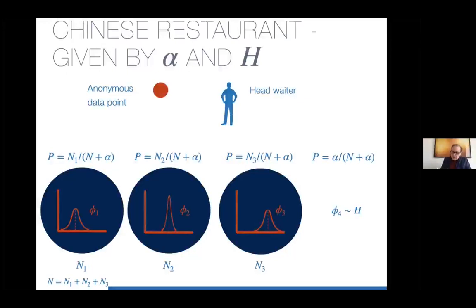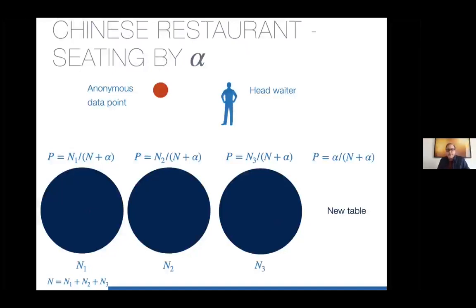And let's break that into steps, since that's a natural way of doing it. First, we have the placement procedure, and that's done based on the number of people seated already at the tables. In this case, we have N1 people here, N2 people there, and N3 people there. And then there's also the possibility of opening up a new table.